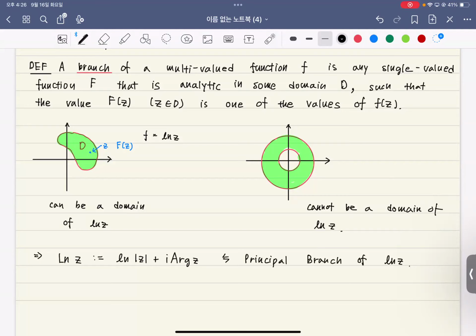And what do you think is the domain of this? The domain of the principal branch of the natural log of z is, in fact, almost everywhere except this ray emanating from the origin, right? So this should be the domain of the principal branch of ln of z. Okay.